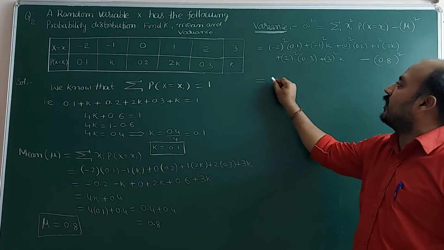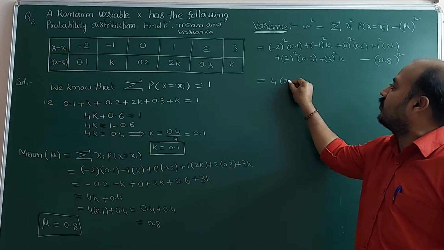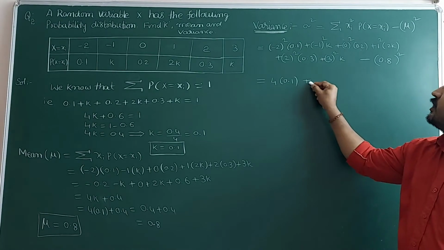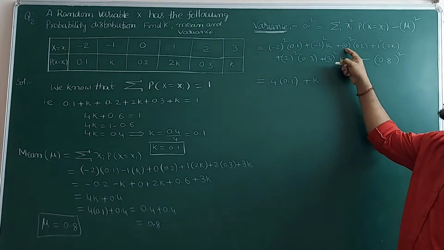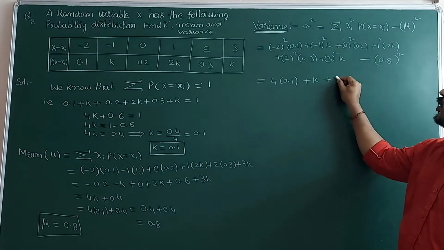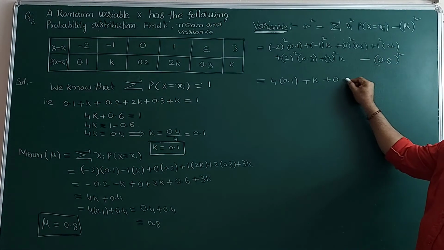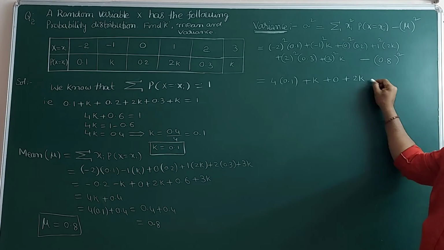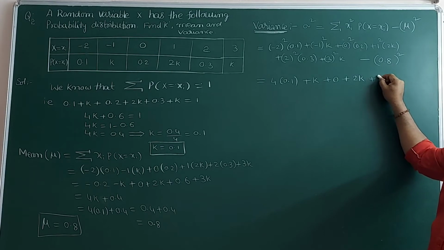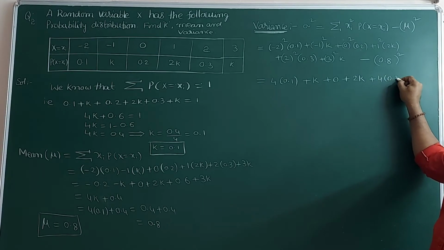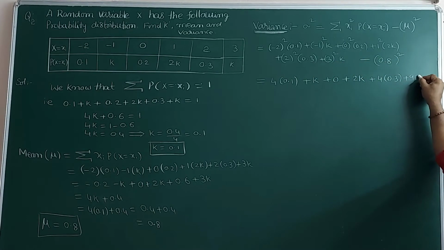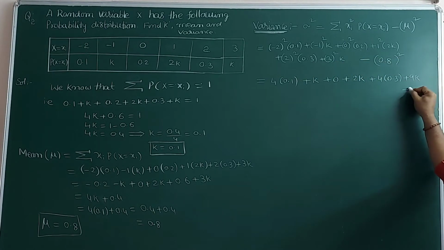minus 2 whole square, 4 into 0.1, minus 1 whole square is 1, 1 into k, 0 square, 0 into anything is 0. Next, plus 1 square is 1 into 2k, 2 square is 4, 4 into 0.3, 3 square into k, 9k. Minus 0.8 whole square, 0.64.